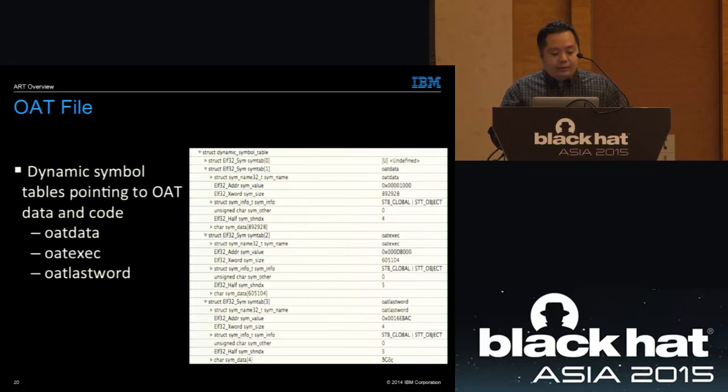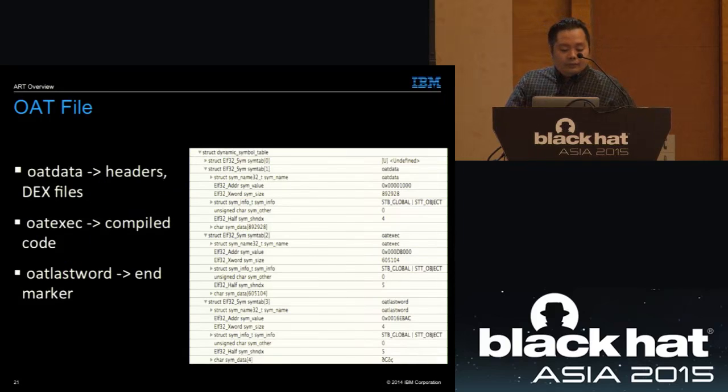You can locate in which part of the ELF file you can find the oat-related data by looking up the dynamic symbol tables with the following names: oatdata, oatexec, and oatlastword. As you can see here, the sym value field of the symbol table indicates where you can find it in the ELF file.